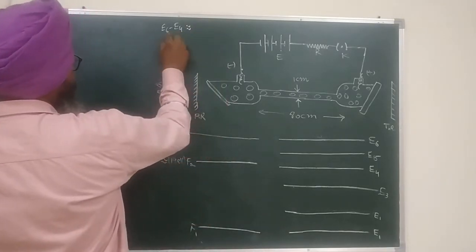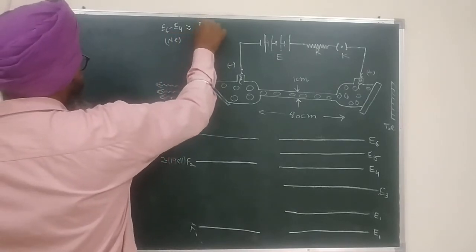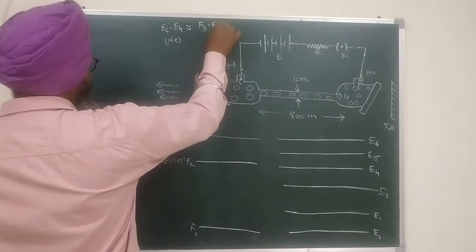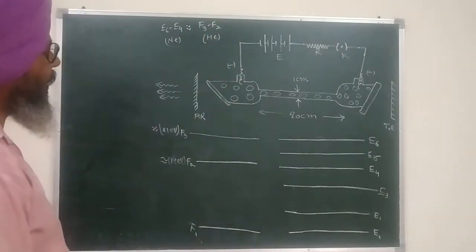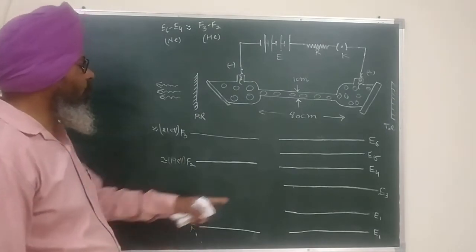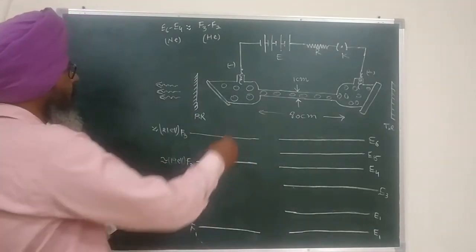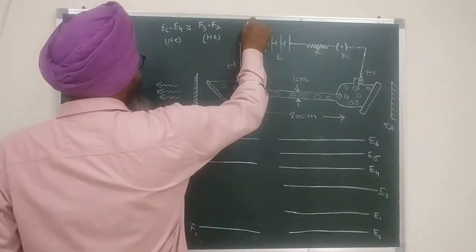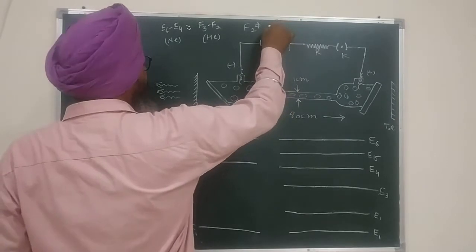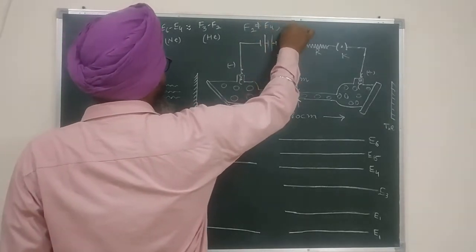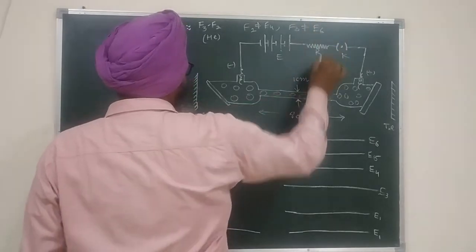So these two energy levels are of neon, and F3 minus F2, these energy levels are of helium. So for better understanding, I have shown these at equal energy levels. So kindly remember that energy F2 is not equal to energy E4. Similarly, F3 energy is not equal to energy E6.